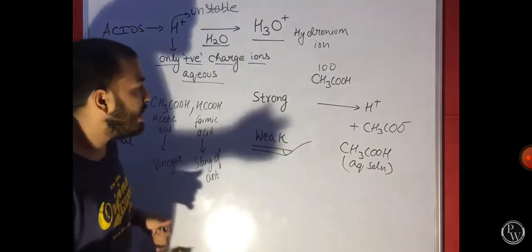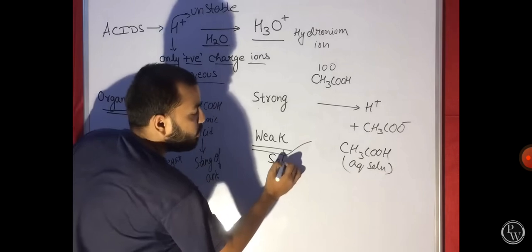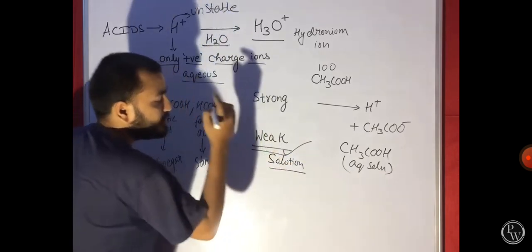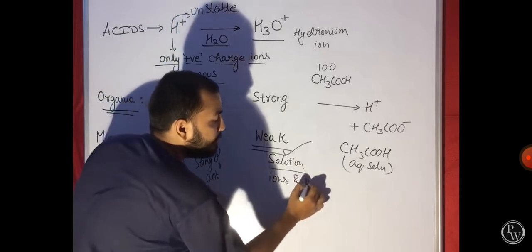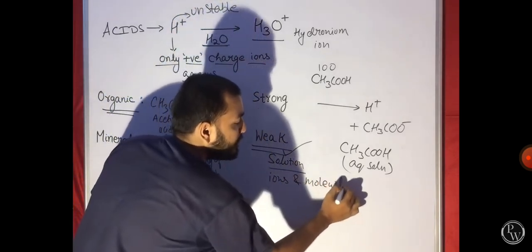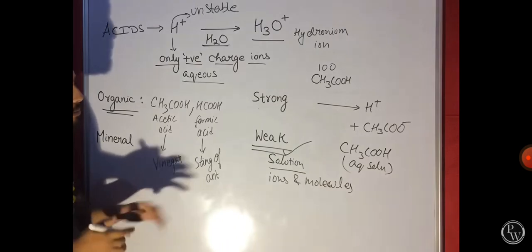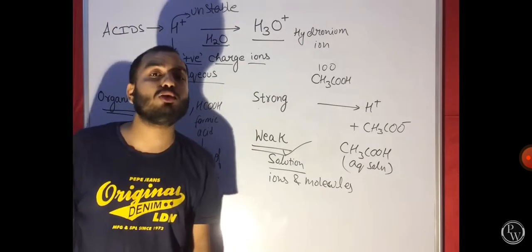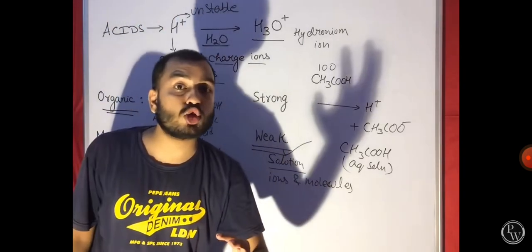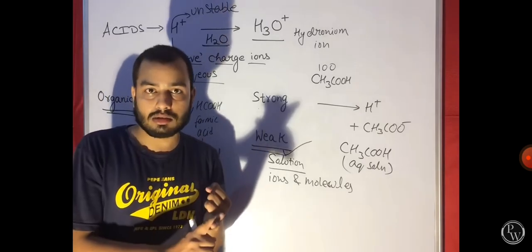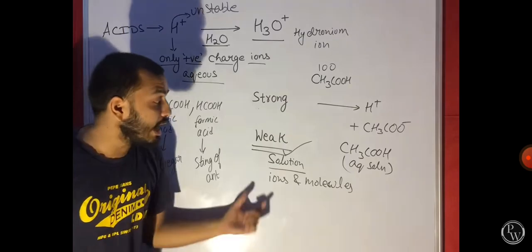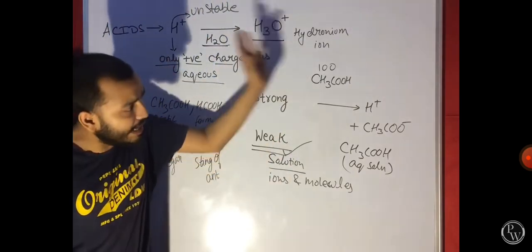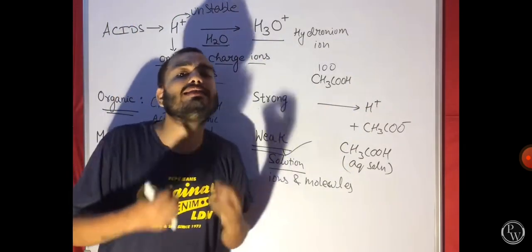If I ask you, we have a solution of weak acid, what will it contain? It will contain both ions and molecules. This is a very popular question of ICSE, that a solution of acetic acid contains ions, molecules, or none. You will say ions and molecules because it ionizes but does not ionize that well.